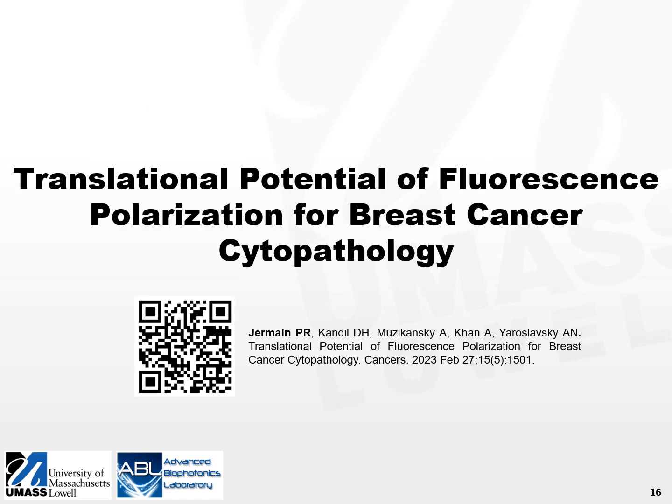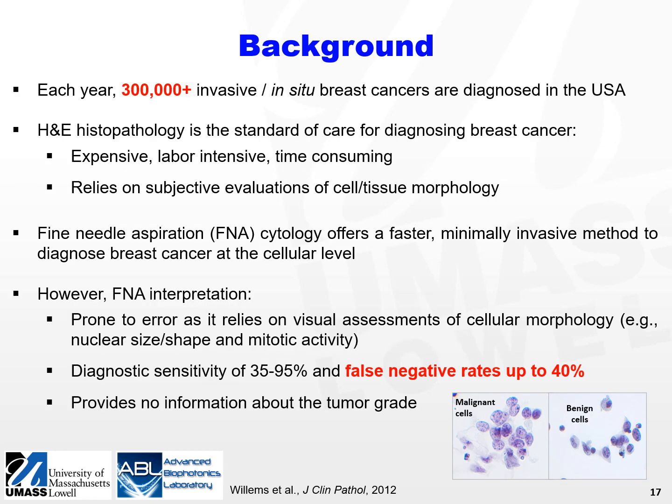Now I would like to transition and present results of the first study presented in this dissertation titled Translational Potential of Fluorescence Polarization for Breast Cancer Cytopathology. The motivation for this project is that each year more than 300,000 new cases of breast cancer are diagnosed in the United States.